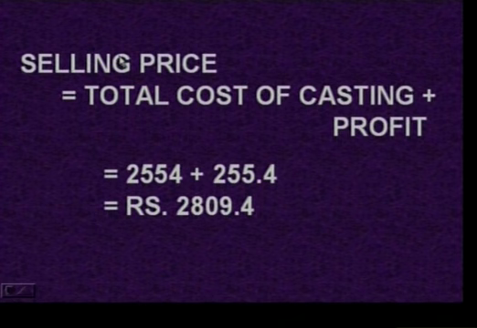So, to estimate the selling price, first of all we have to calculate volume of material and then weight of material, and then we have to calculate molding charges, melting charges.